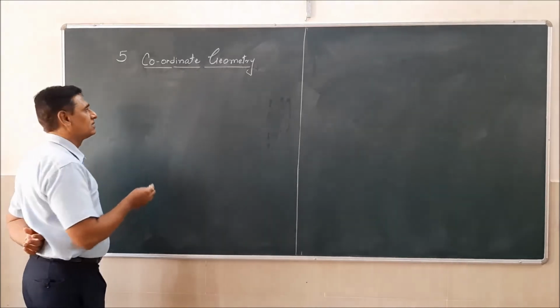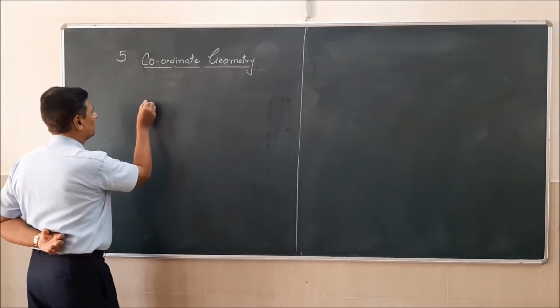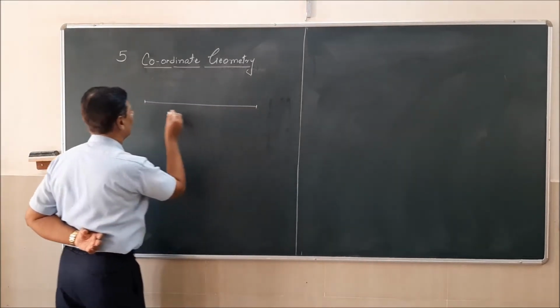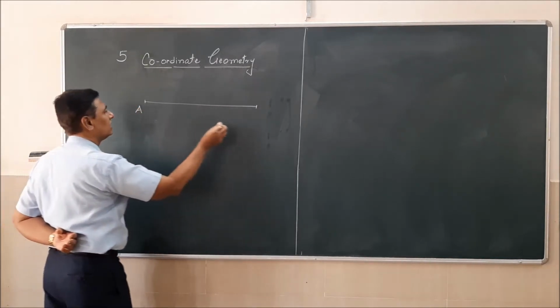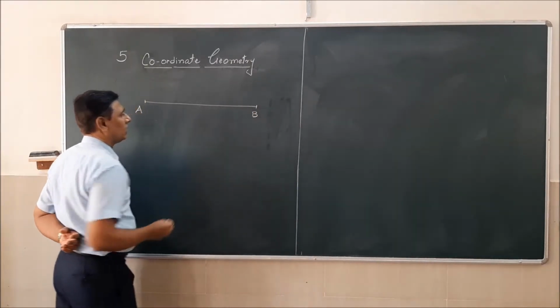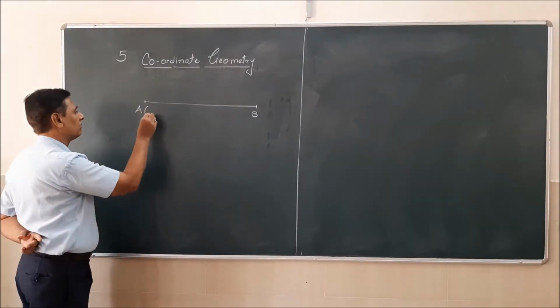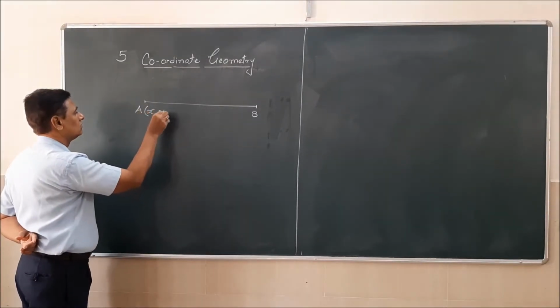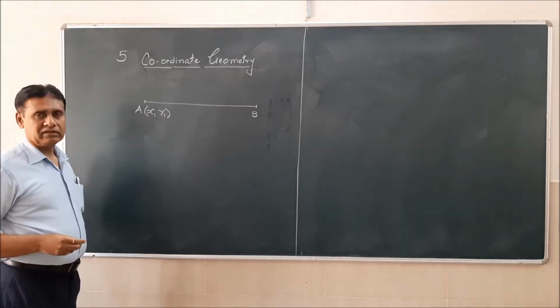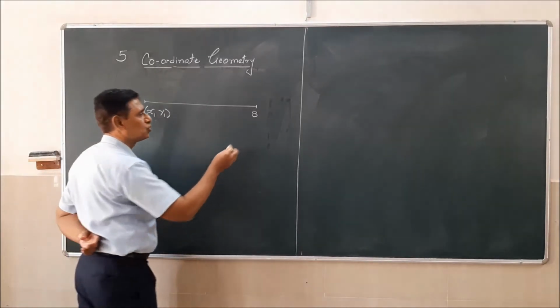The distance formula is this: supposing I take 2 points A and B, A having the coordinates x1, y1 and B having the coordinates x2, y2.